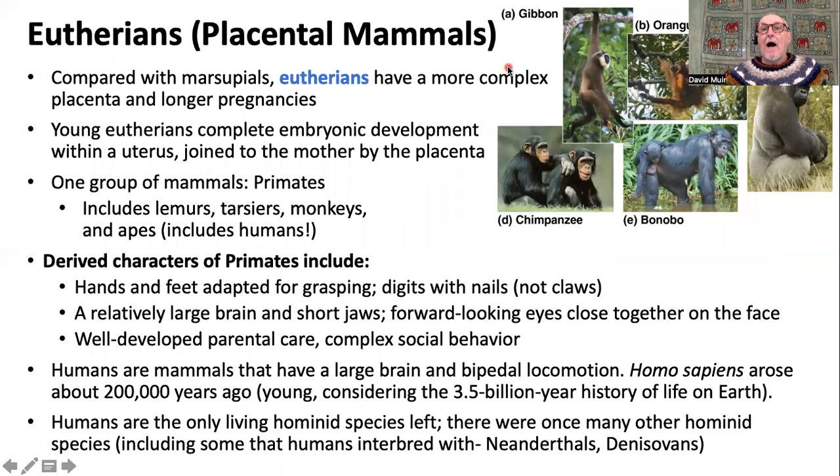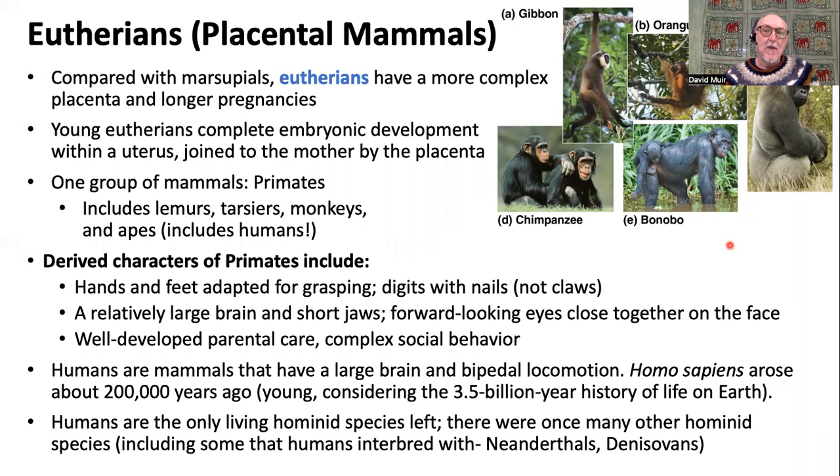Okay, so our own group is called the Eutheria. We are also referred to as the placental mammals. This development of the placenta was a huge evolutionary advance.